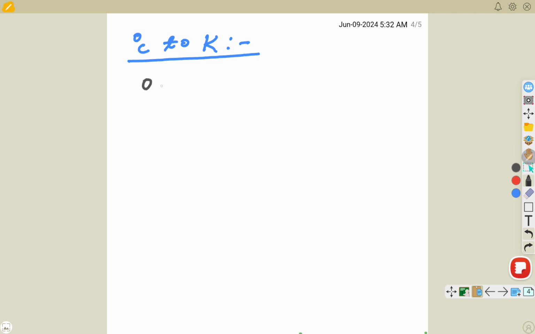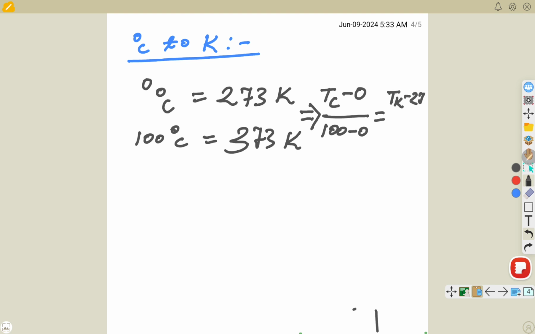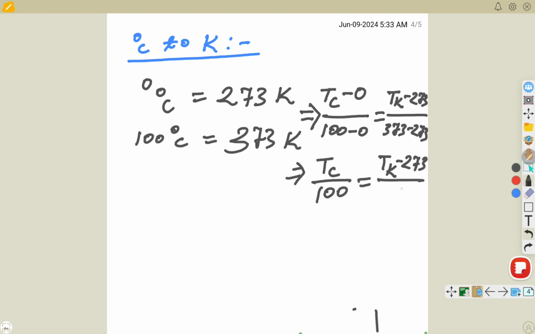We know the lower limit is 0 degree C, and here the lower limit is 273 K. Here the upper limit is 100 degree and the upper limit is 373 K. So we can do the conversion: Tc minus 0 upon 100 is equal to Tk minus 273 upon 100.